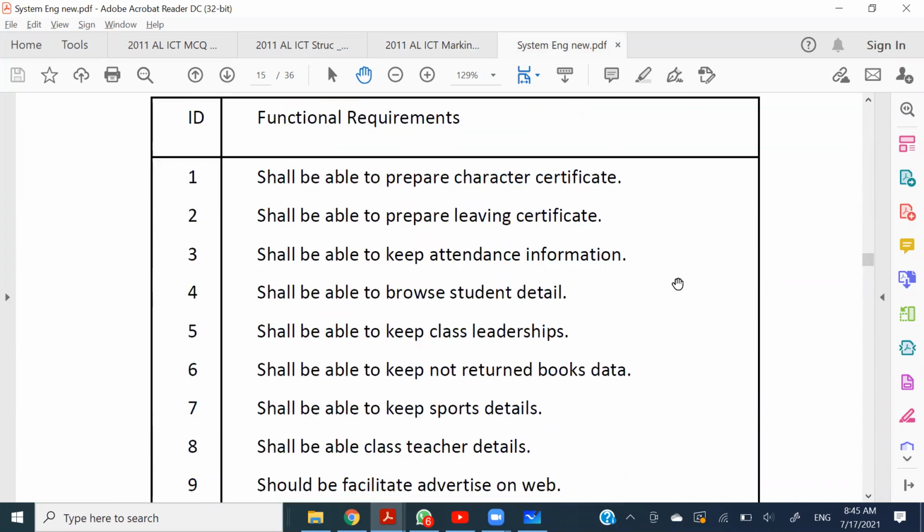So it's better you go with shall here when giving your answer, like shall be able to make a call. Better if you can say: the mobile phone shall be able to make a call, send a message, receive a call, and receive a message.